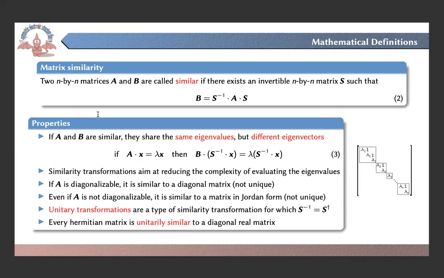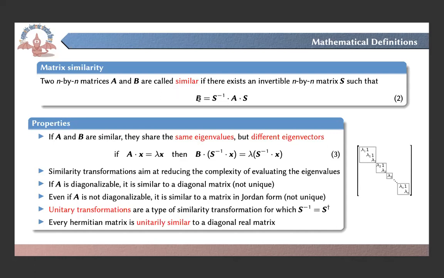In mathematics, if we have two n by n matrices A and B, we call them similar if there exists an n by n matrix S such that S^-1 A S is equal to B.